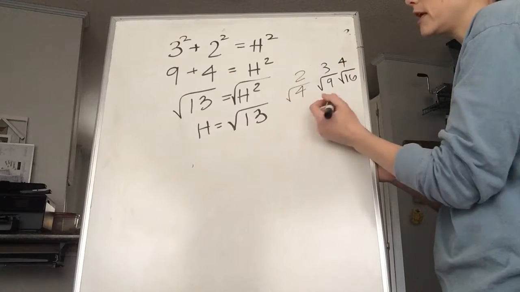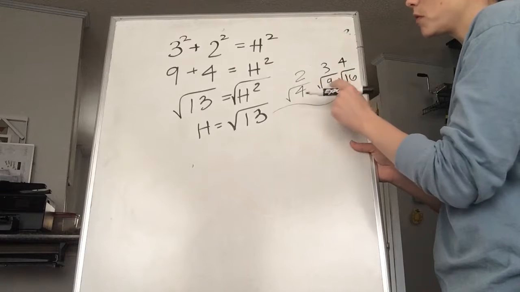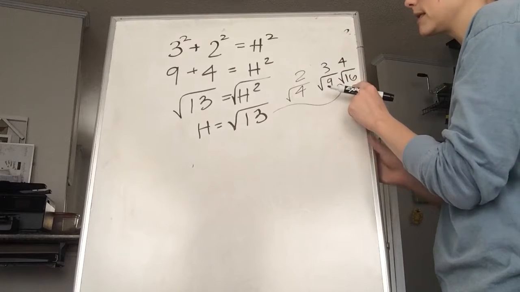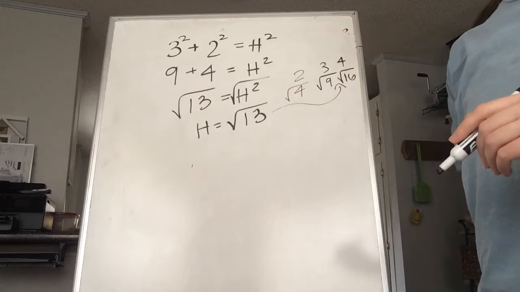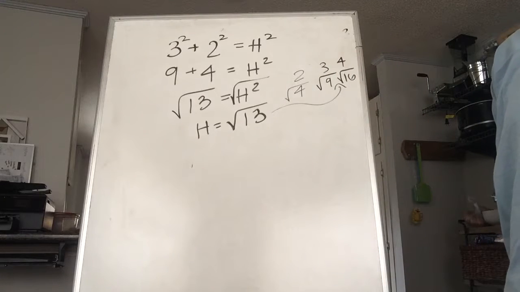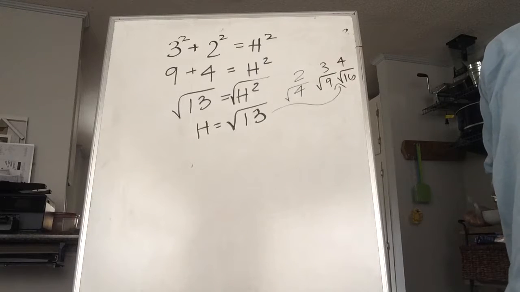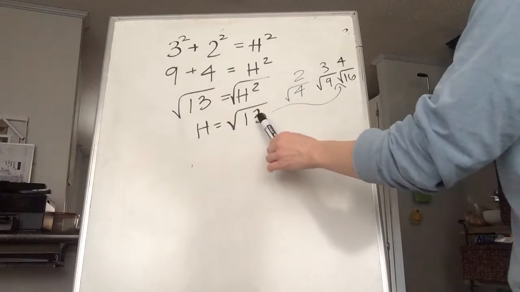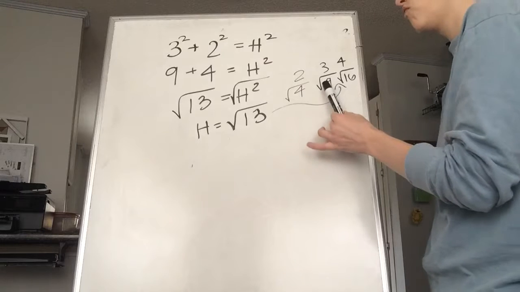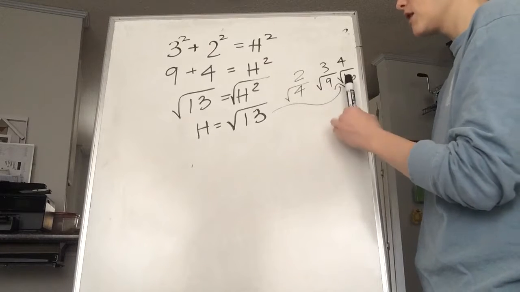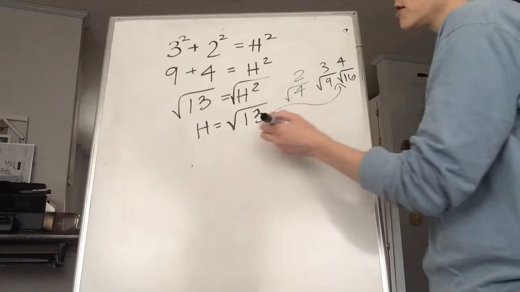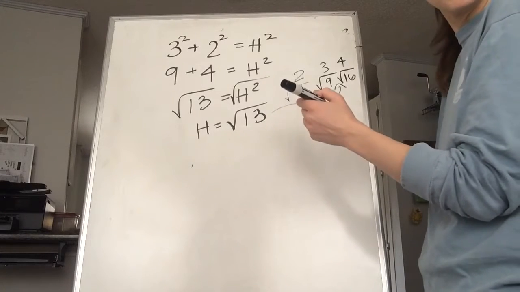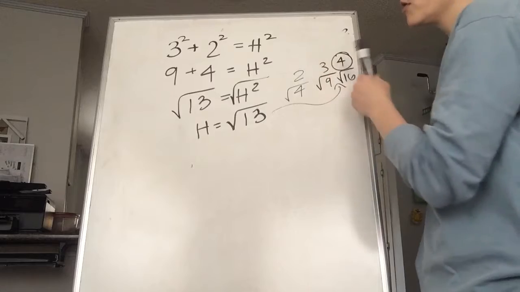So the square root of 13 falls somewhere in between the square root of 9 and the square root of 16, so it's going to be in between 3 and 4. They don't have 3 as an option, so we would want to go with 4. But we can even know it actually is closer to 4, because 13 is 4 away from 9, and it's only 3 away from 16, so it's going to be closer to the 4 end. So the answer would be D. It's closer to 4.